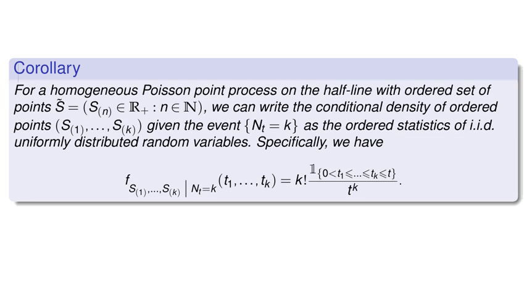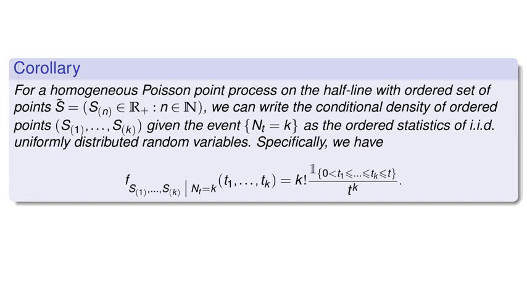Now a corollary for a homogeneous Poisson point process on the half line. Let S tilde be the ordered set of points S sub n in R plus for n in natural numbers.